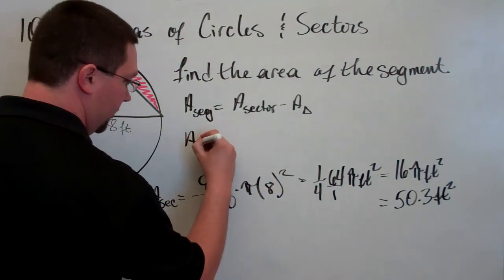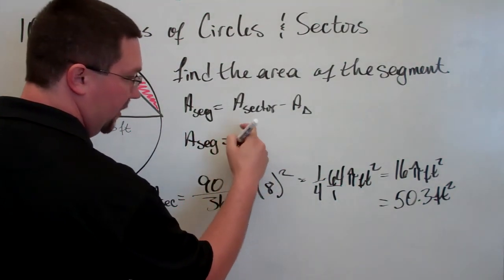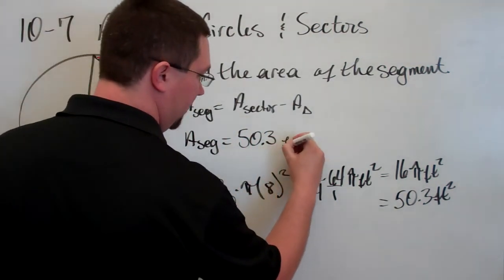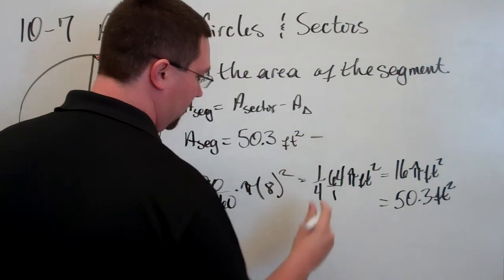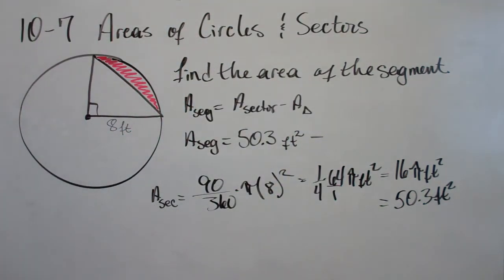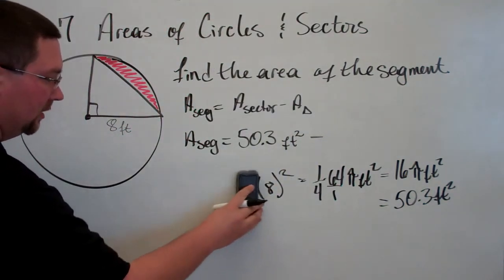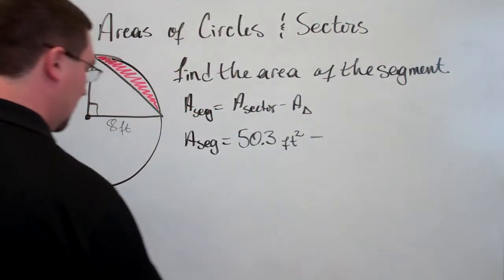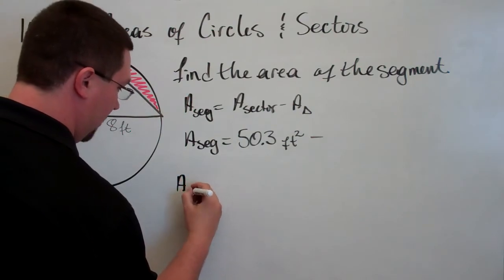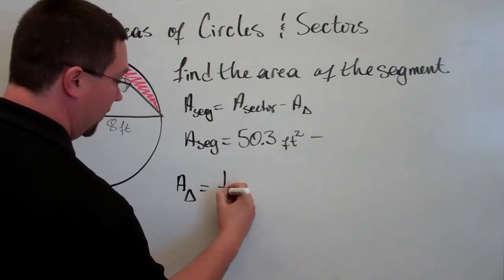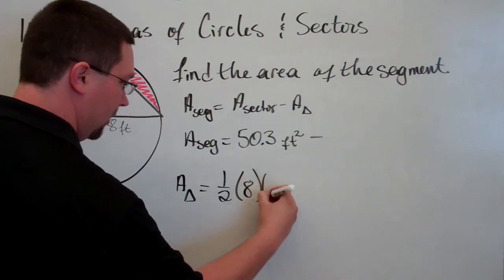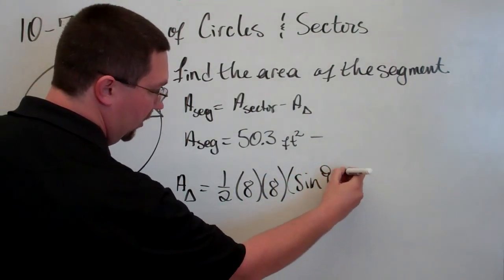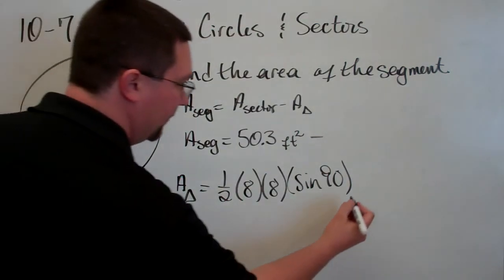So we're getting close. Area of the segment equals area of the sector minus the area of the triangle. I'm just going to round it all to the nearest tenth. Hopefully you got that. Now we need to find the area of the triangle. Remember, it's 1/2 your radius times your radius times the sine of the angle in between.